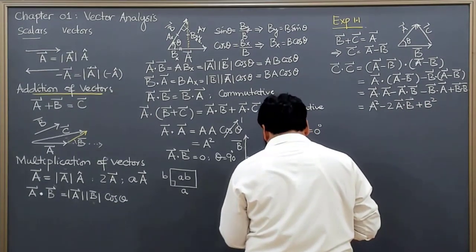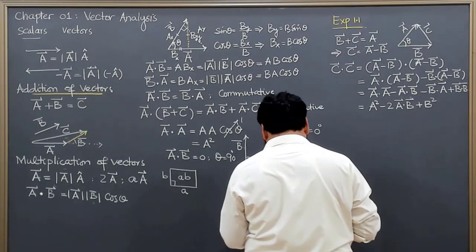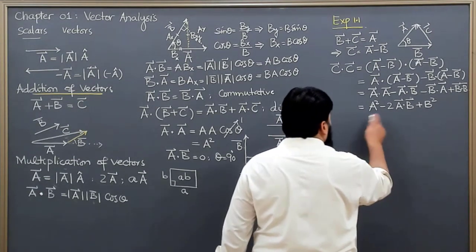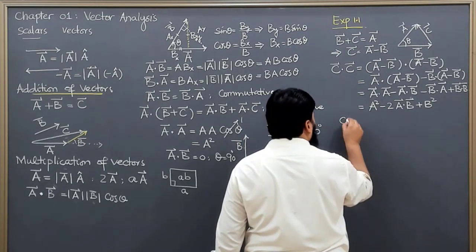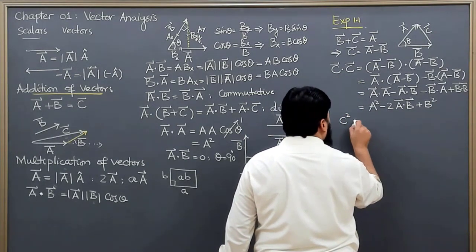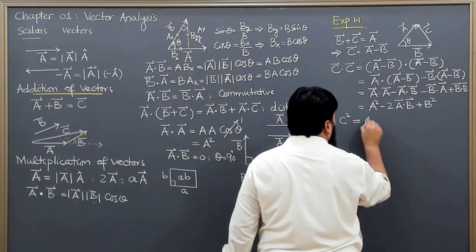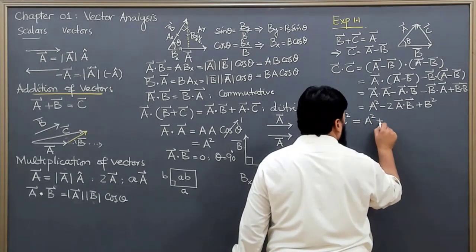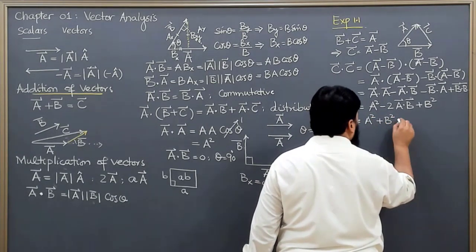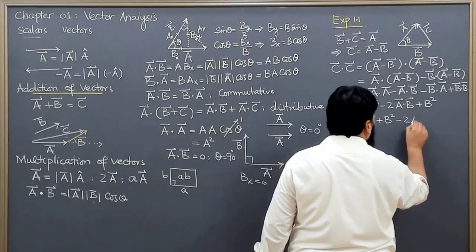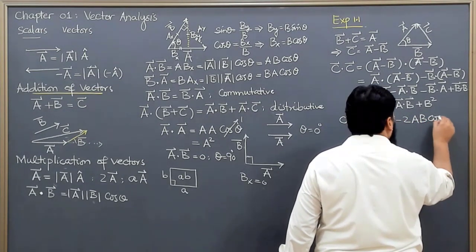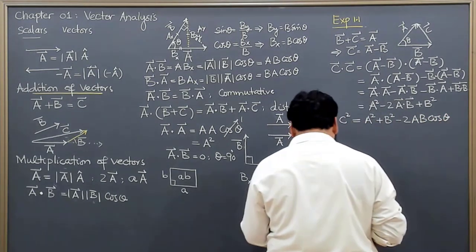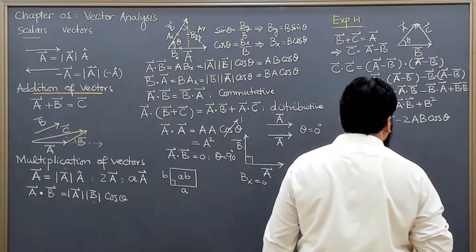So this is equal to A square, meaning here C dot C will become C squared. This is equal to A square plus B squared minus 2 A dot B, and A dot B is equal to AB cos of the angle between the two.